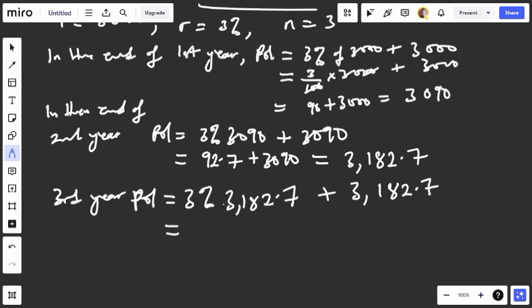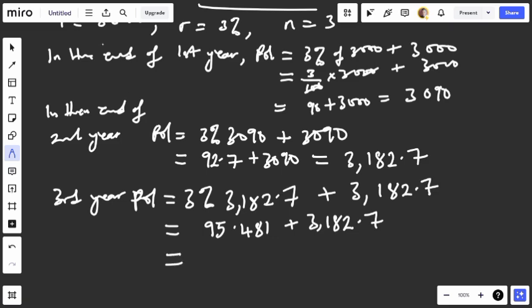If you find 3% of that, it gives you 95.481, plus 3,182.7.